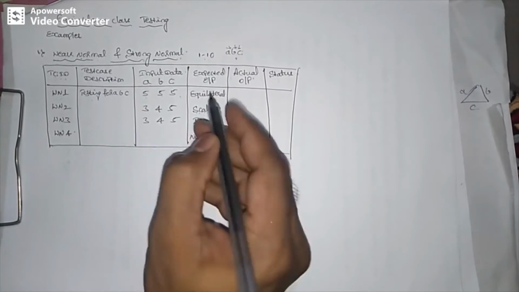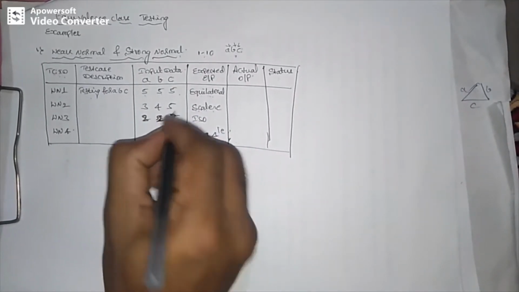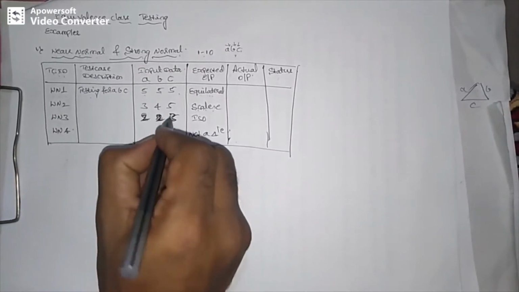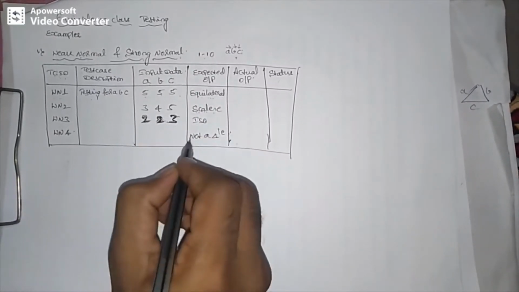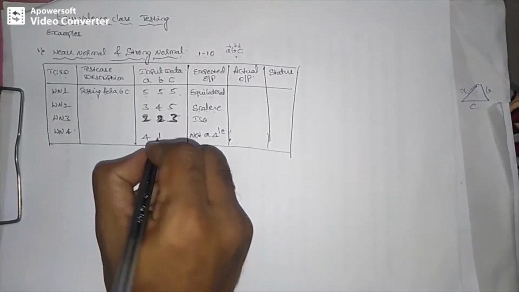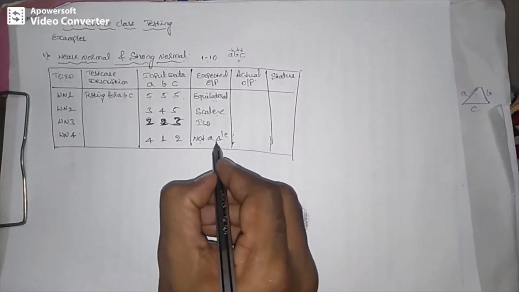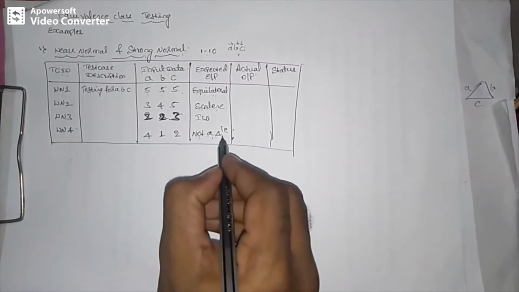If I specify 2 2 3, then I can generate isosceles. For not a triangle, if you specify values like 1 4 1 or 2, then the expected output is not a triangle.